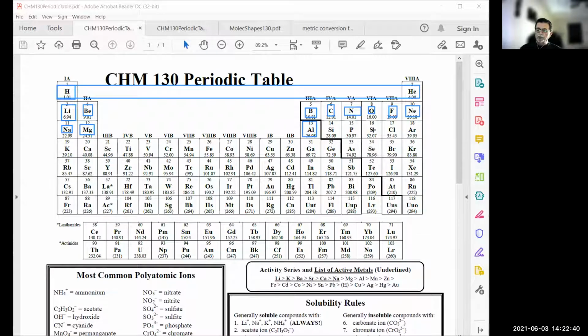I'll mention these Roman numerals up on top. They're very important. Aluminum, number 13, and number 14 is silicon. Number 15 is P for phosphorus, and then S for sulfur, Cl for chlorine, and then Ar for argon gas. And then we go to 19, K for potassium, and finally 20, Ca for calcium.